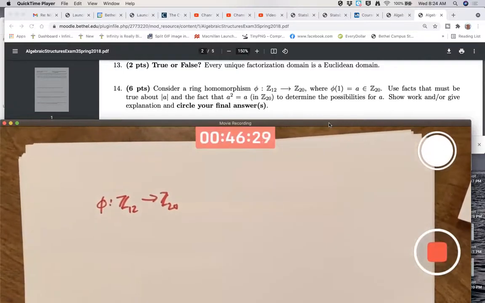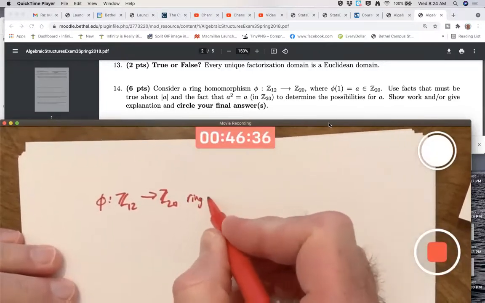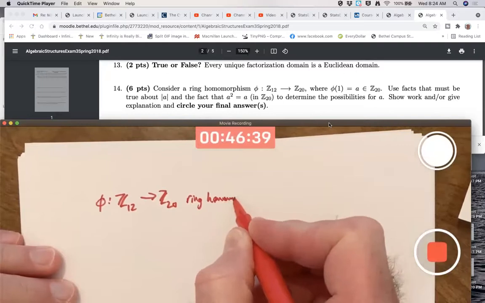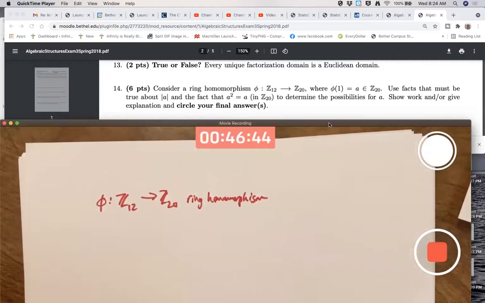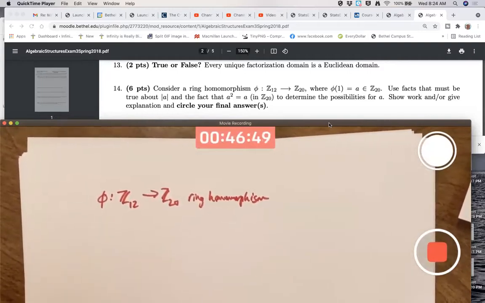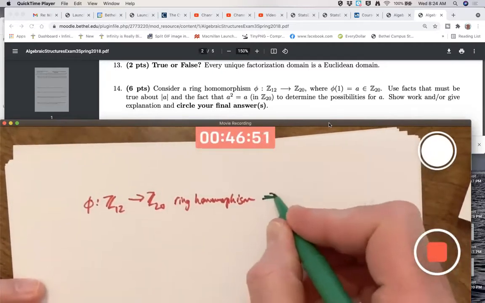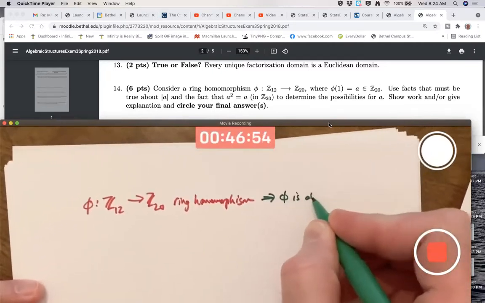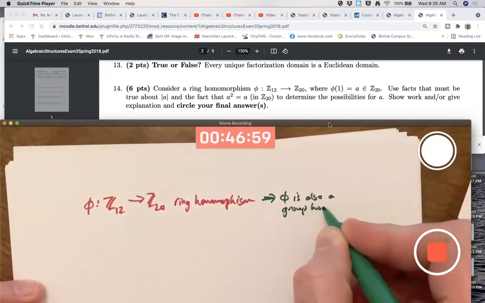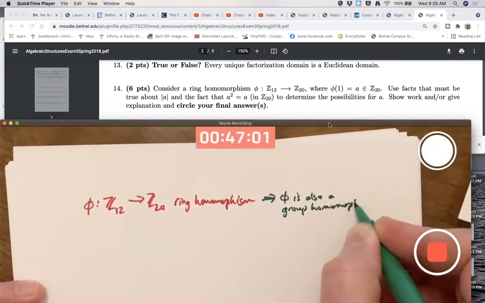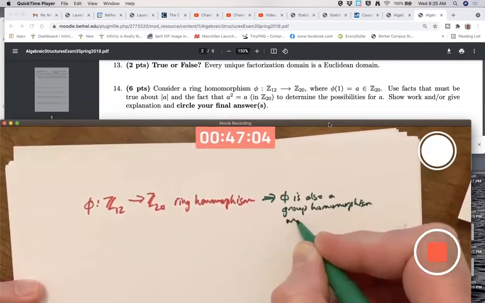So this is supposed to be a ring homomorphism. Since these rings, as all rings, are also groups under addition, it's also got to be a group homomorphism under addition.